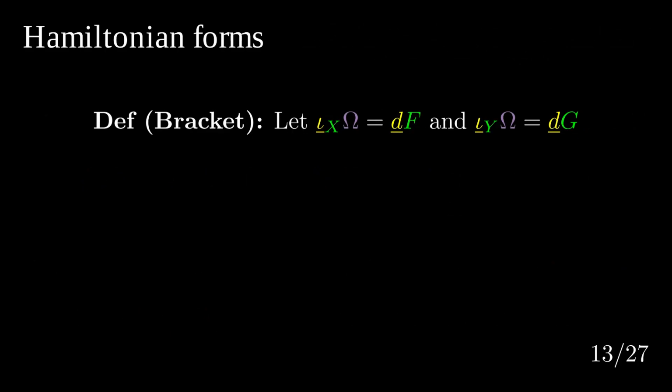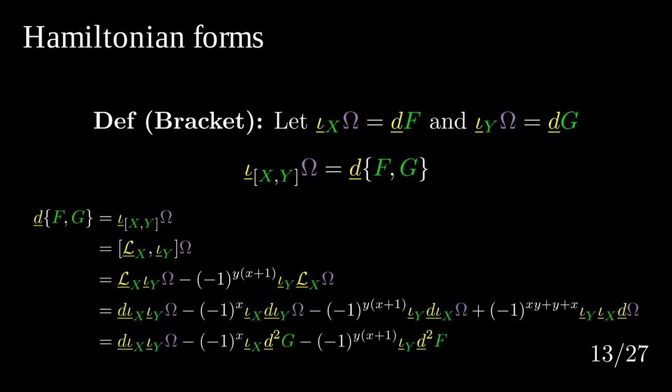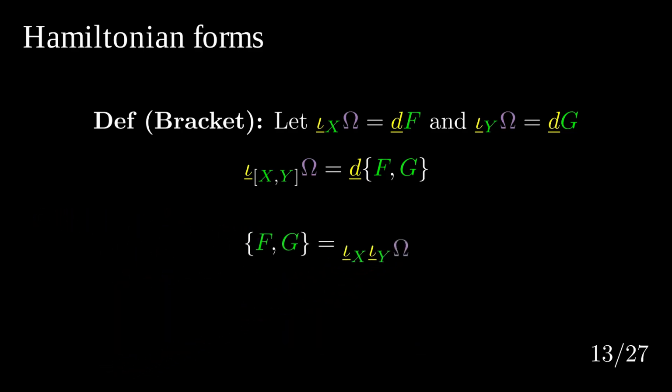If we take two relative forms, it's going to be the Schouten-Nijenhuis bracket of the Hamiltonian forms associated to them. In such a way that we can compute, after a bit of computation, the form of this Poisson bracket. Well, not necessarily Poisson, we are still researching this. This bracket has this expression.